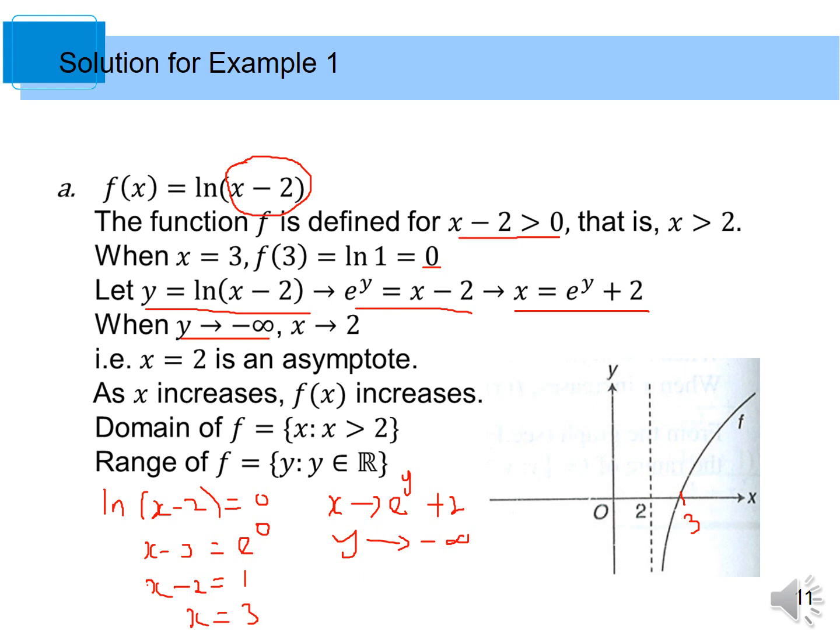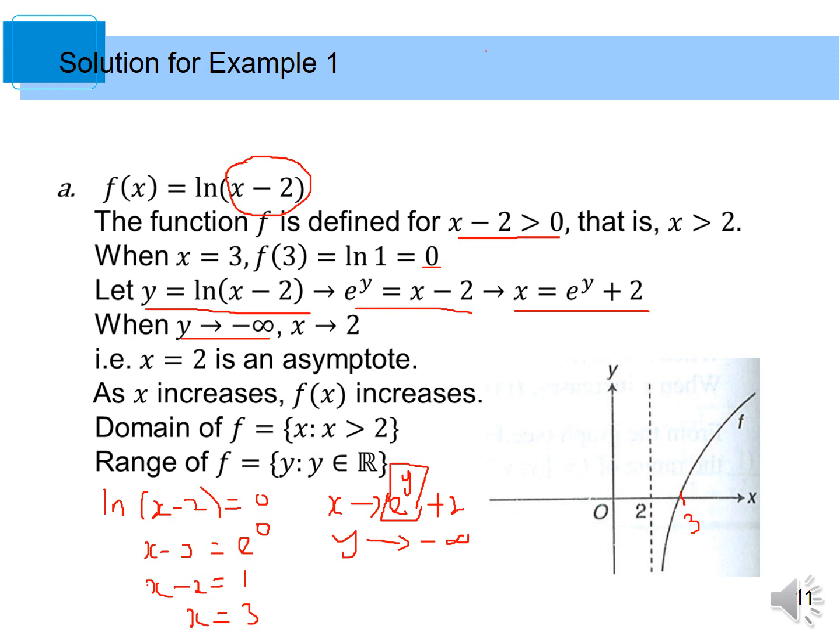This is a point that we need to study. The barrier is the asymptote line. Now I show you another table, particularly for y tending to negative infinity. Look at this term, exponent y, as y tends to negative infinity.